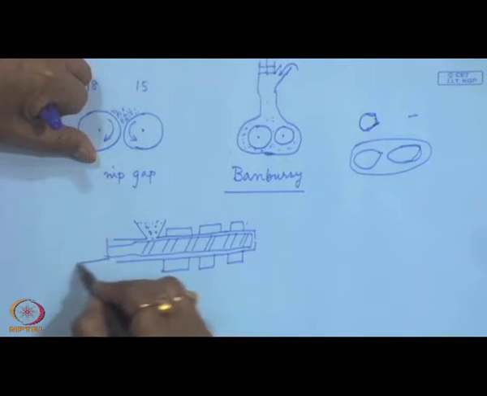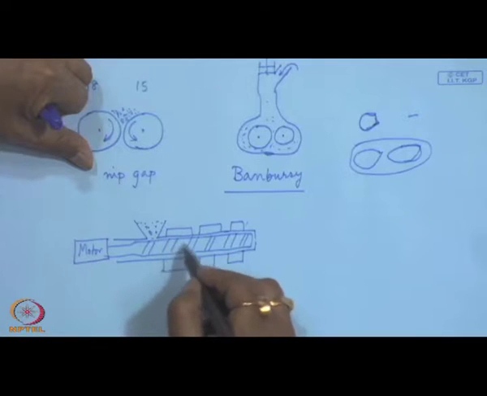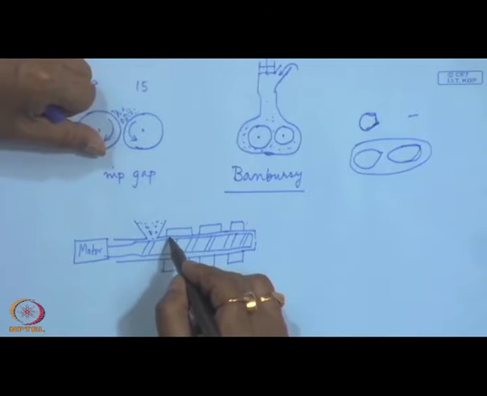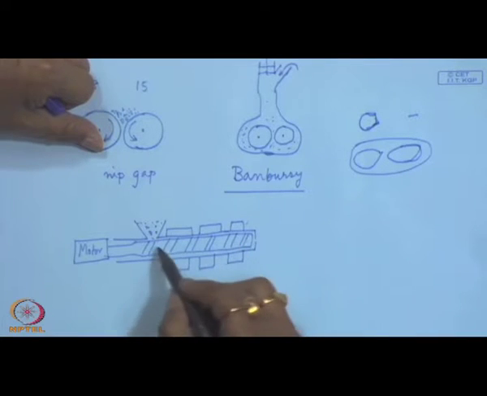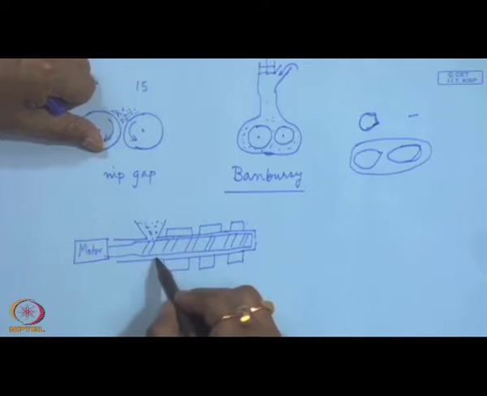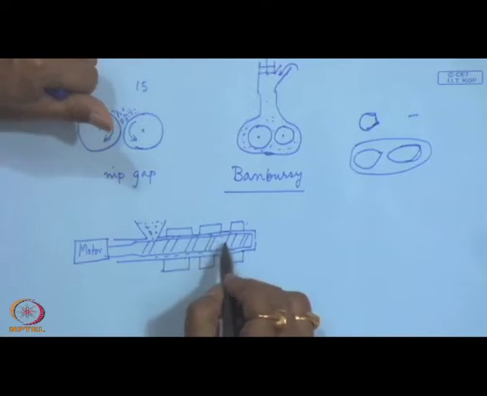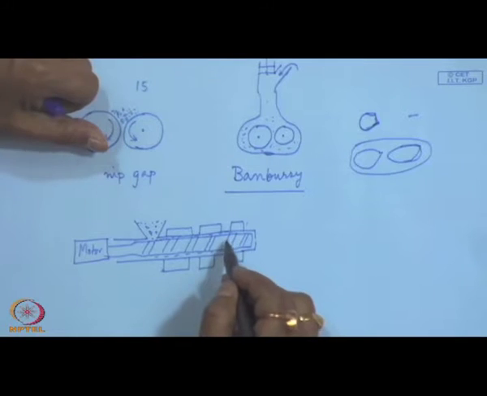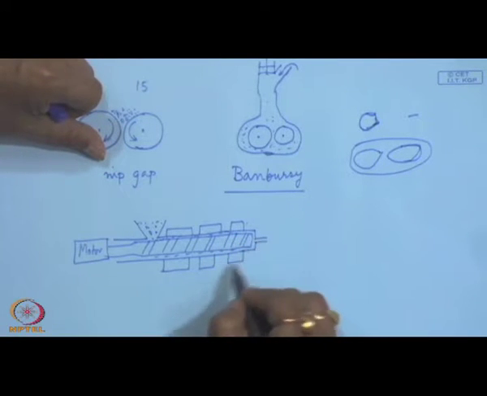The screw is rotated by a motor, and this gives enough shear action between the barrel and the screw of the extruder. Ultimately the polymer is carried, and with the heating provision it decreases the viscosity and gives efficient mixing or blending of the component polymers, and then it comes out of the die.